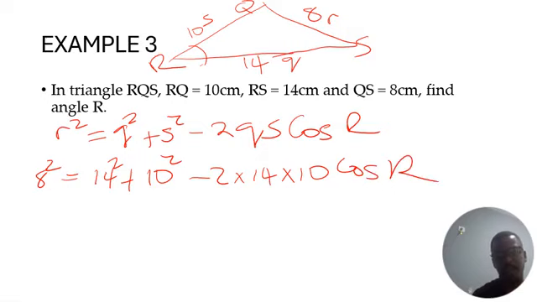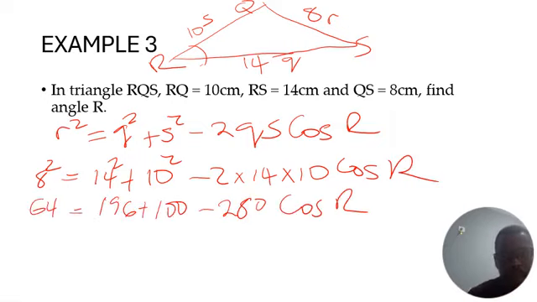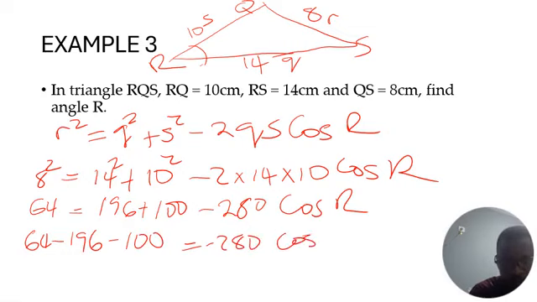Let's simplify that. 8 squared is 64, 14 squared is 196, 10 squared is 100, then 2 times 14 times 10 is 280, and cosine. So this will be 64 minus 196 minus 100 is equal to negative 280 cos r.